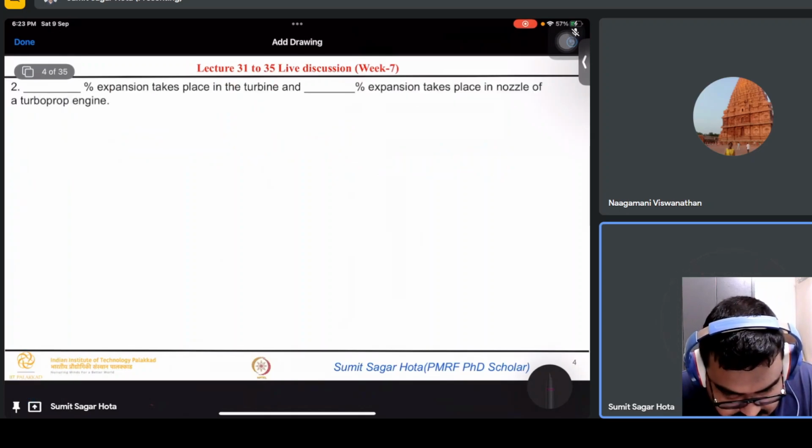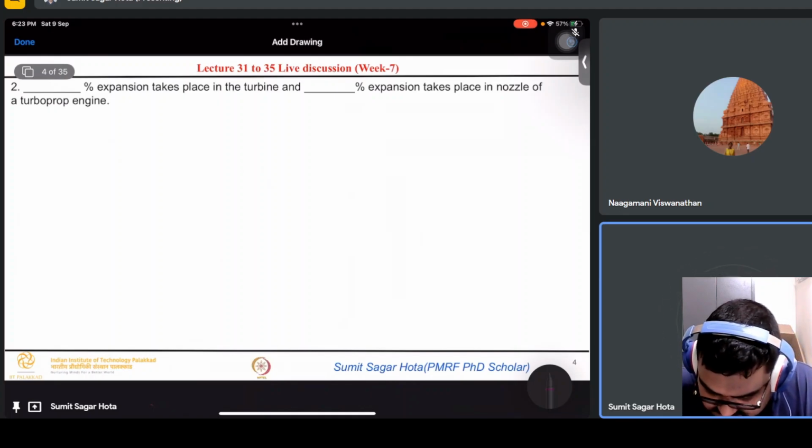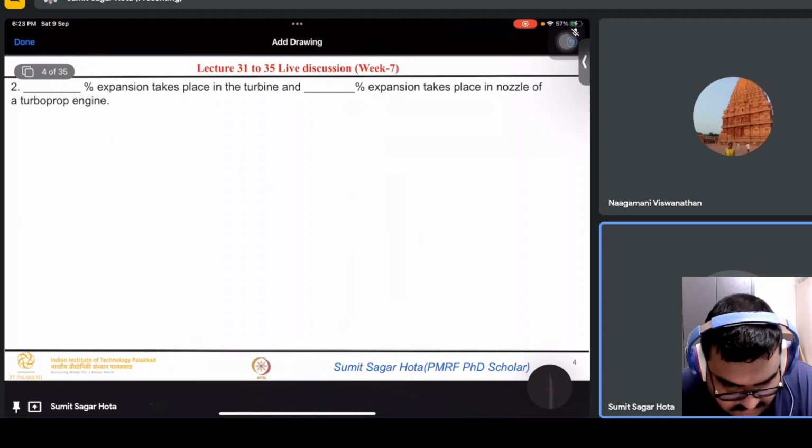Next is dash percentage expansion takes place in the turbine and dash percent expansion takes place in the nozzle of a turboprop engine.